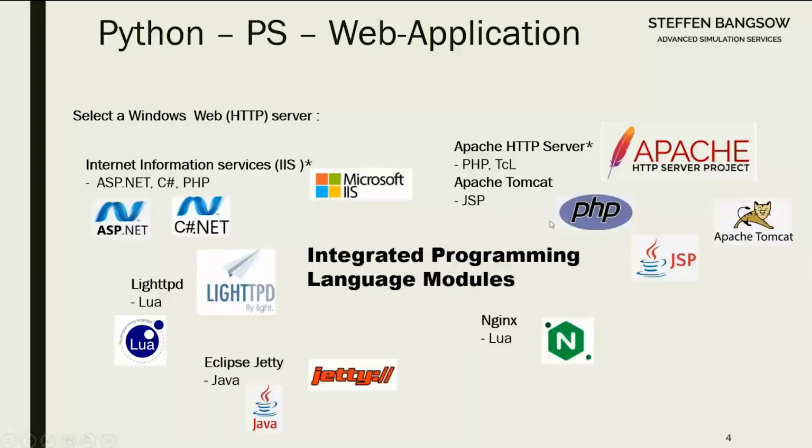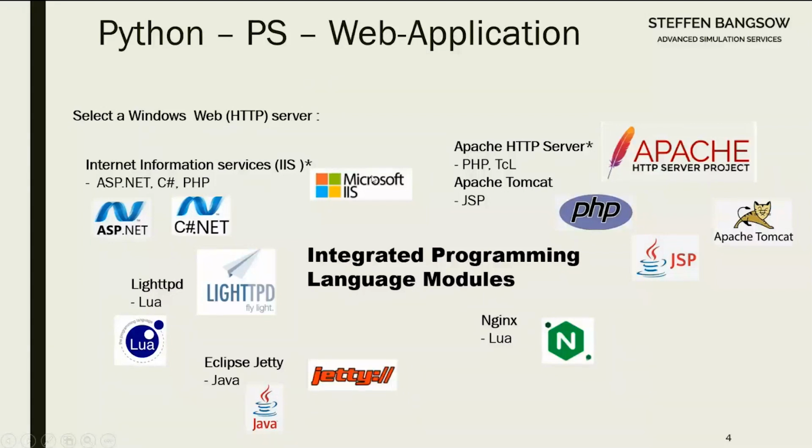So the first selection is which kind of server we want to use. I have placed here several possibilities that we can use to create our web application. We need to stay on Windows. This is very important, and so the selection is limited. These are the most used web servers in Windows.